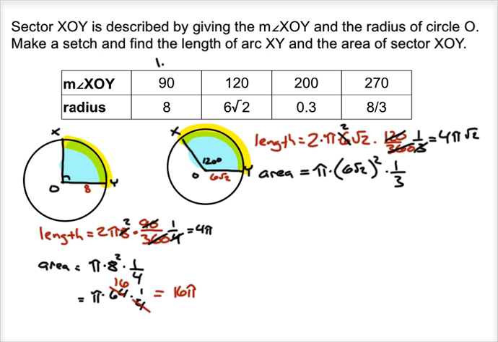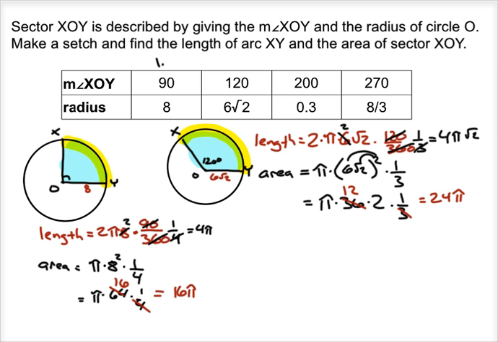Now simplifying this, I get pi. If I square 6, I get 36. If I square the square root of 2, I get 2, and I still have times 1/3. 3 can go into 36 12 times. And if I multiply across, I get 12 times 2 is 24, and I still have the pi.